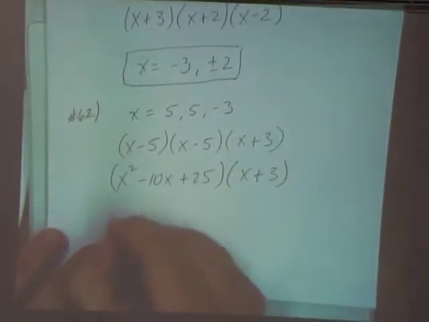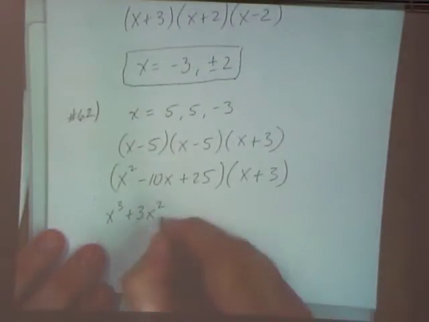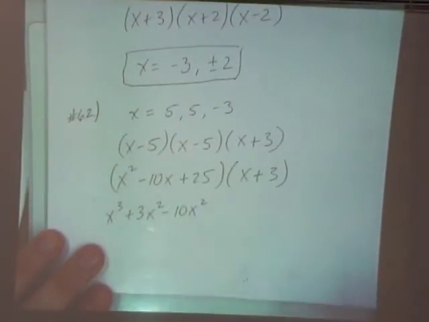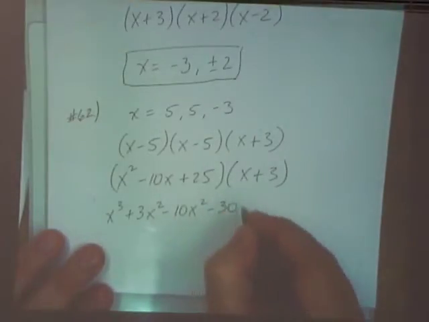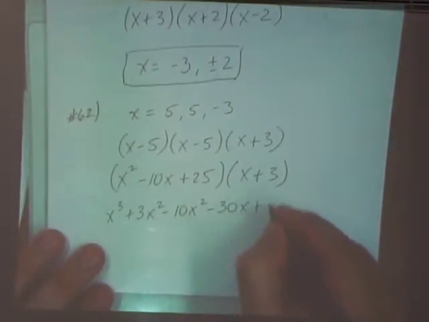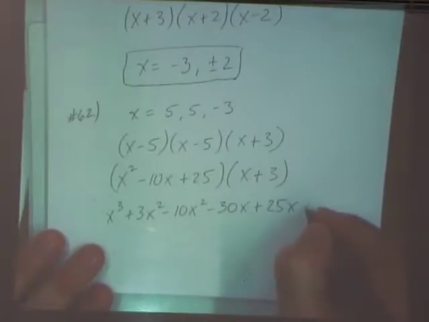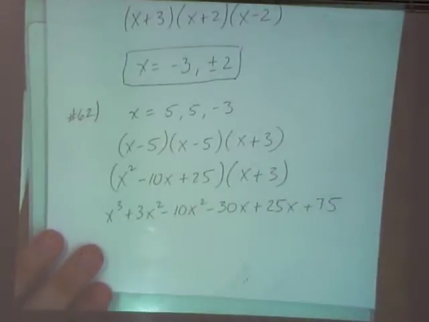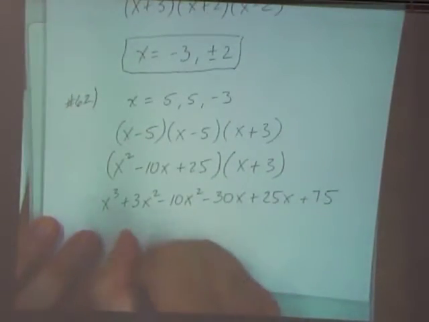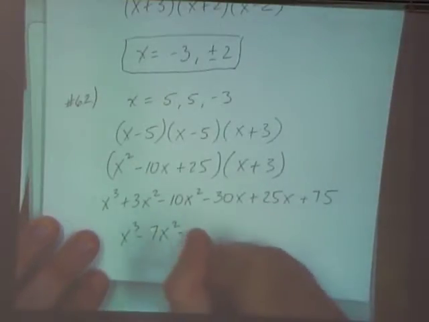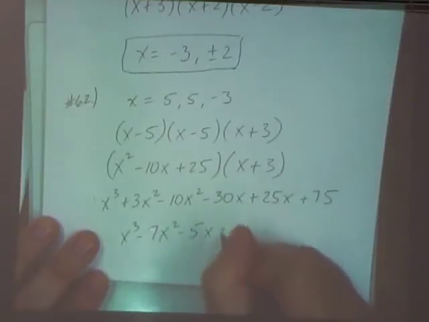So I end up with x cubed plus 3x squared minus 10x squared minus 30x plus 25x plus 75. Combine like terms, we get x cubed minus 7x squared minus 5x plus 75.